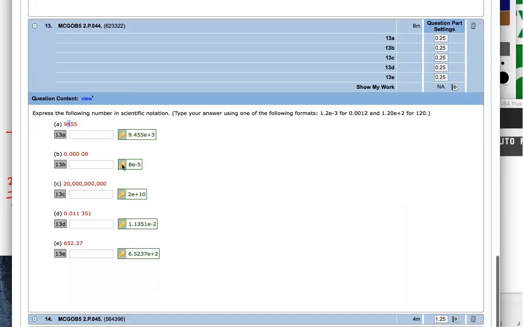This one is 8 times 10 to the minus 5. We know that because we go 8 times 1, 2, 3, 4, 5. We have 20 billion. So we say that we have 2 times 1, 2, 3, 4, 5, 6, 7, 8, 9, 10. You just write 2e plus 10, etc., etc. I think you get it.